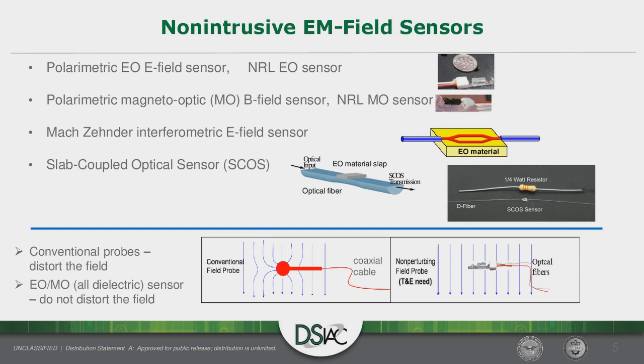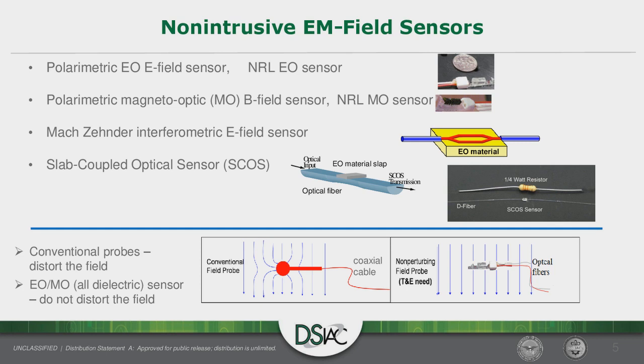This Mach-Zehnder interferometric sensor is already available commercially, and some people try hard to make it field deployable, but we see some problems with it, and so we compared the sensors to some degree, but ours is a lot better than these sensors.